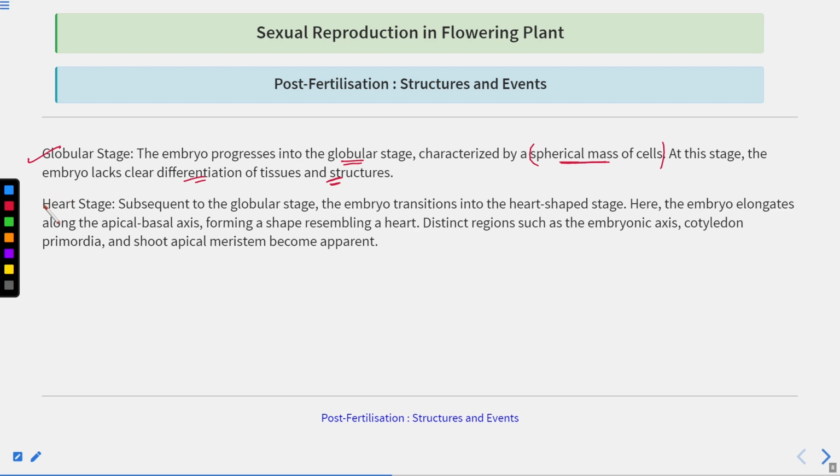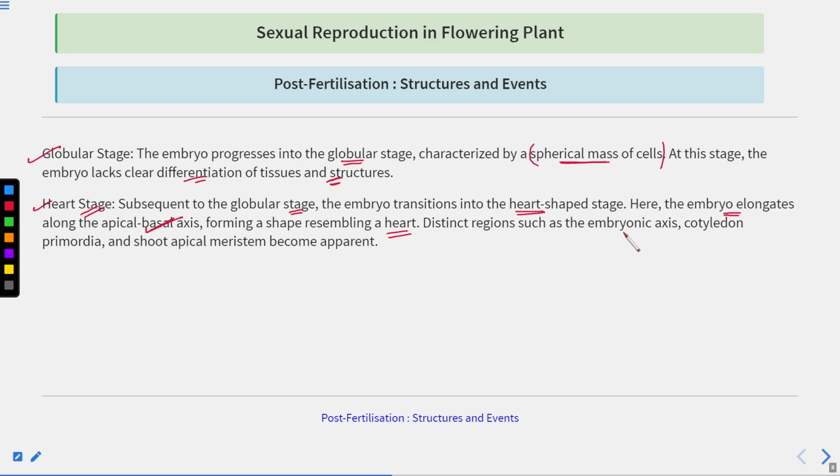Now, after the globular stage is the heart stage. Subsequent to the globular stage, the embryo transitions into the heart-shaped stage. Here the embryo elongates along the apical-basal axis, forming a shape resembling a heart. That's why it is known as the heart stage embryo.